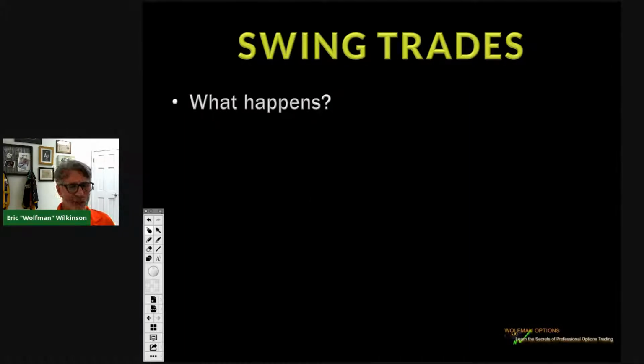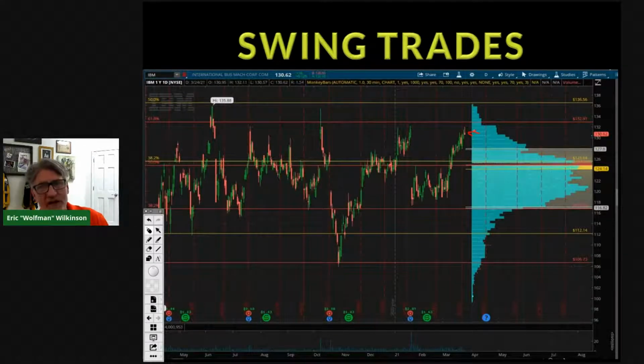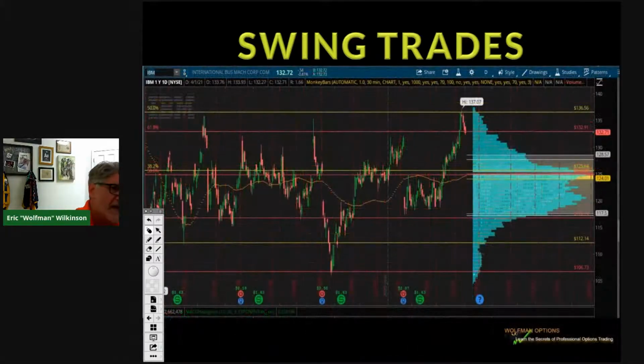Now, yes, what happens? Sometimes, like in this example where we could be looking at this topping pattern, an aggressive trader might jump on this, especially because with options, they think that they can get further away from it. Well, that is true, but still, we can see the underlying. If you don't wait for the confirmation, this one was not confirmed as a top, obviously, because the next day we got a big green candle on it and broke that pattern.